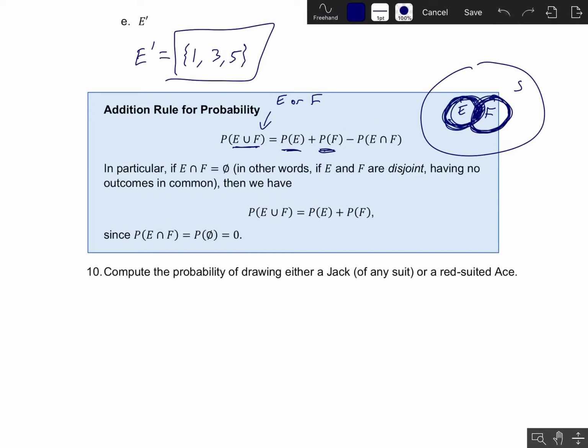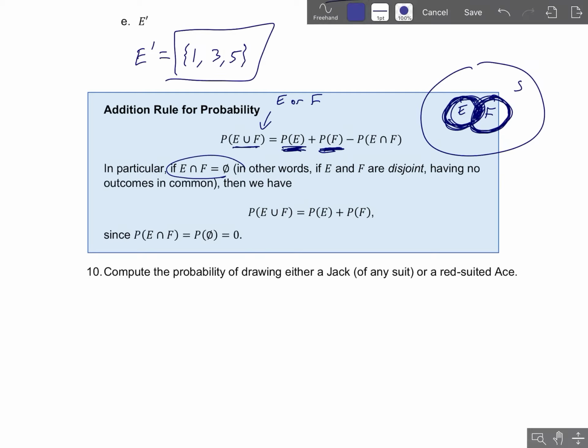So if E and F have some set of outcomes in common, then we don't want to double count them whenever we add E and F's probabilities together. So instead we need to subtract off what they have in common so that that middle term is only counted once. Okay, so that's what's going on in terms of a picture, but we'll see some hands-on examples in a second so that I can show you what we mean with some sets.